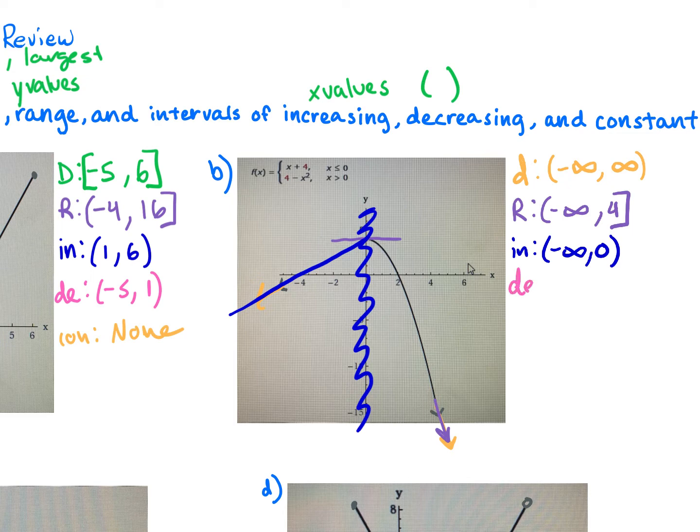And then we are decreasing from 0 to infinity. So even though this arrow points down, people might think that it goes to -infinity because it's pointing down, but it's going in the right direction, and we look at the x values. So it's going to infinity. It's going in the positive direction. And then we are not constant anywhere.